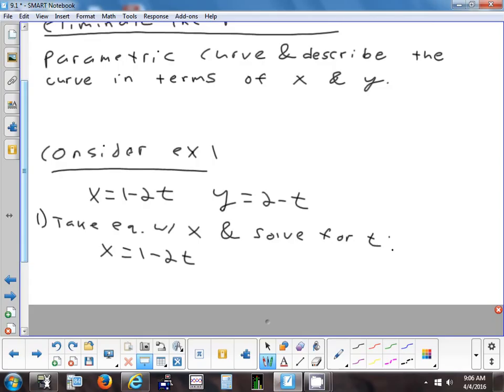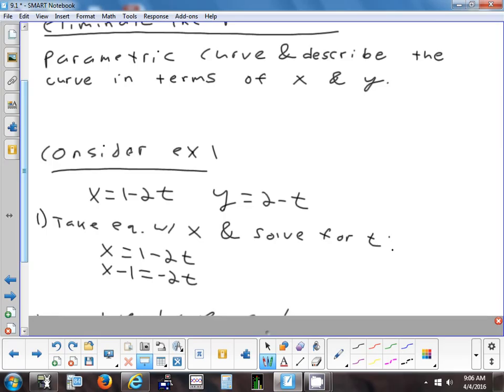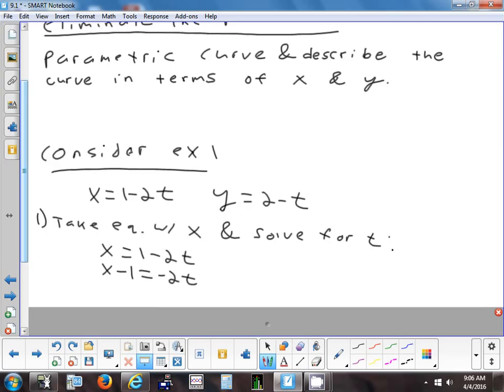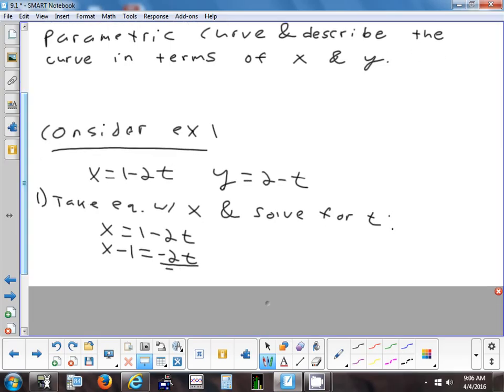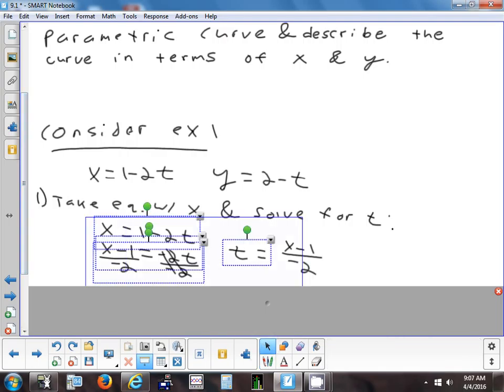Subtract 1. Yep, I'm going to subtract 1. So we almost have t by itself. Just one more step. Divide by negative 2. Those cancel, and I get t equals x minus 1 divided by negative 2. I'm just going to move this over a little bit.